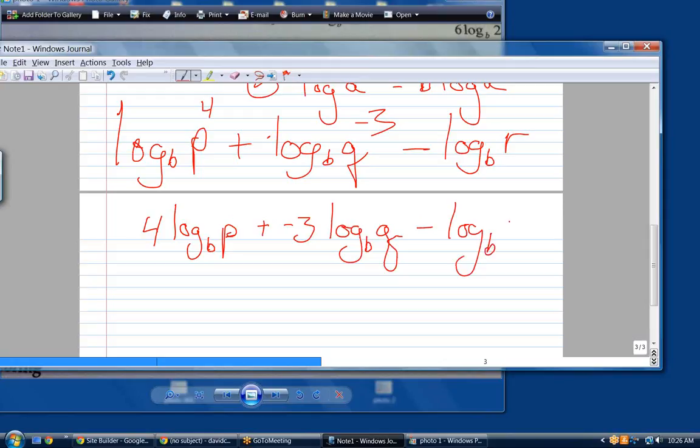And notice the middle term goes from plus to minus. We're going to get rid of that and make it a subtraction.